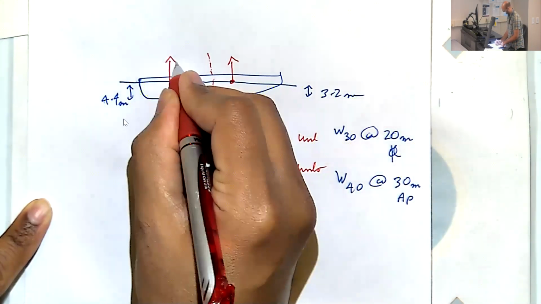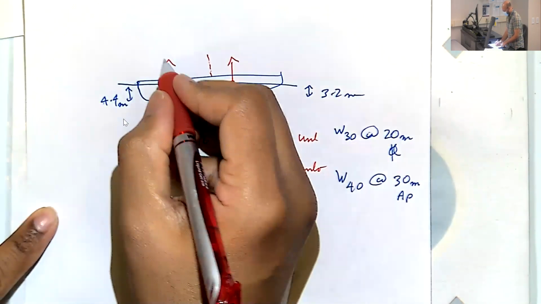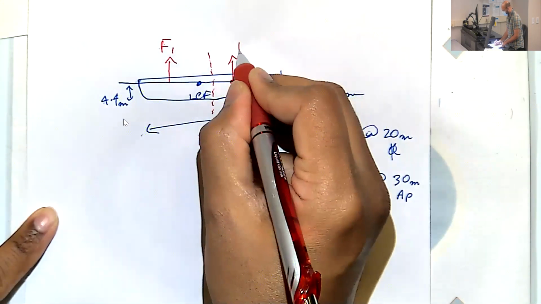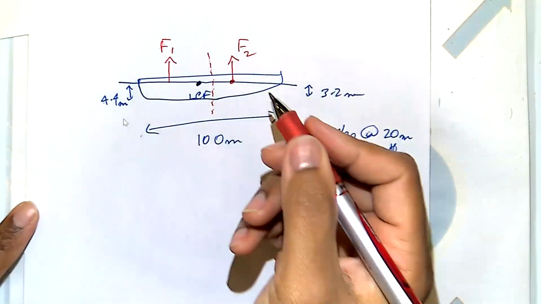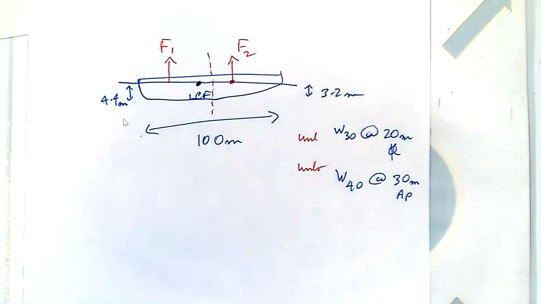So over here, okay? When you know these two forces, you can compute the total moment about the LCF. My only question with this problem is when you're doing the net change in moment, which was the first part, when you're doing it from the midship, it says 20 after the midship.